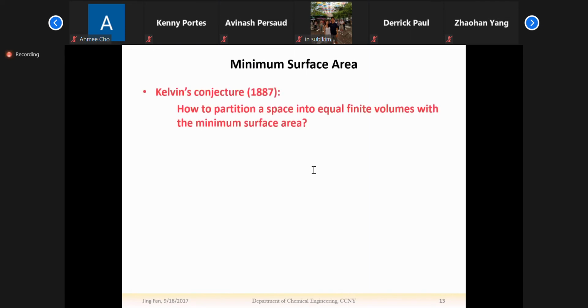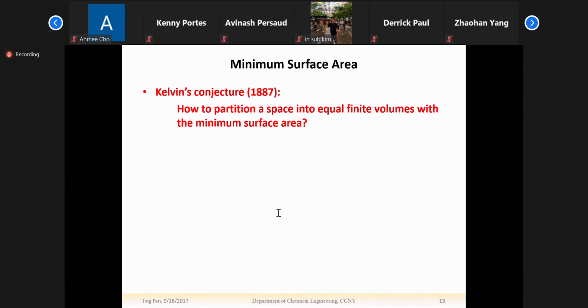Okay, so this Kelvin structure actually comes from, this is some very interesting background story about this structure. It comes from a conjecture proposed by Lord Kelvin in 1887. This Kelvin is the same Kelvin that proposed the unit for absolute temperature.